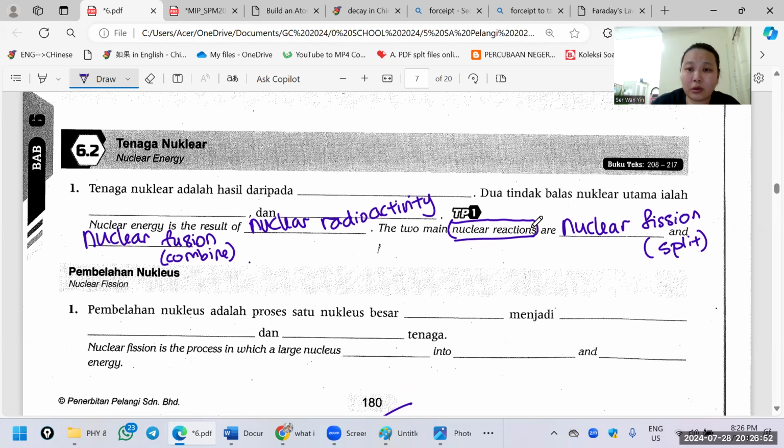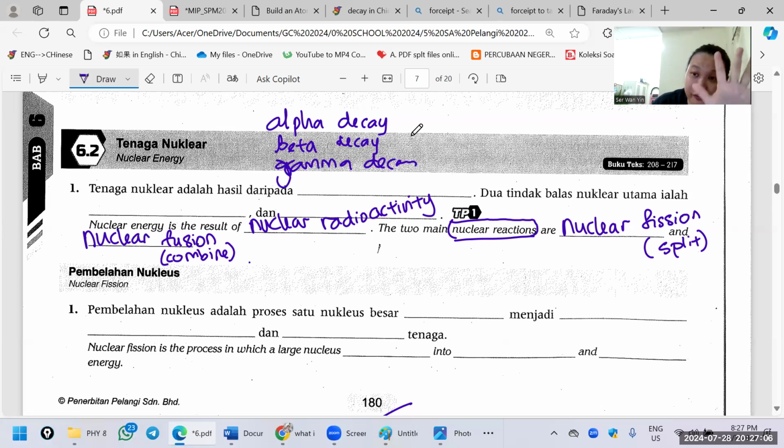Then don't forget, we still have the nuclear reactions of alpha decay, beta decay, gamma decay. So actually we have 5 nuclear reactions. But for alpha, beta, gamma, the nuclear energy is very little.